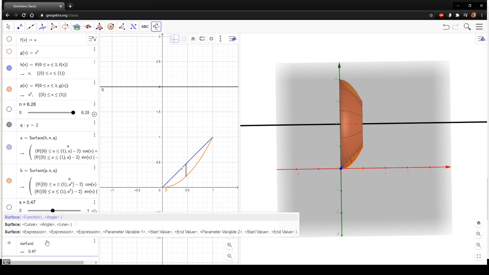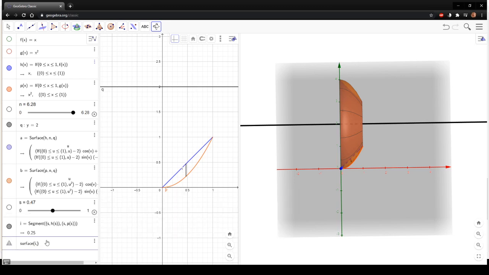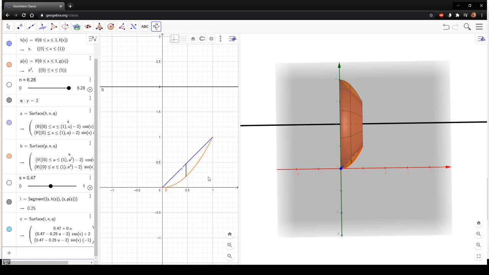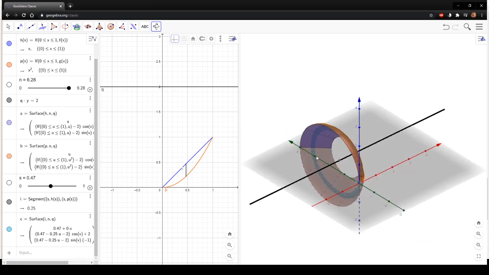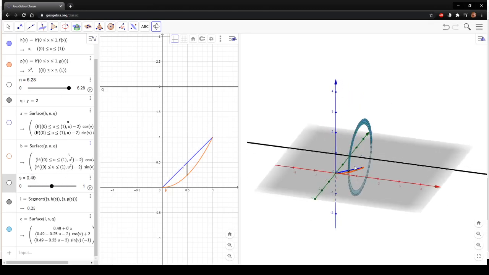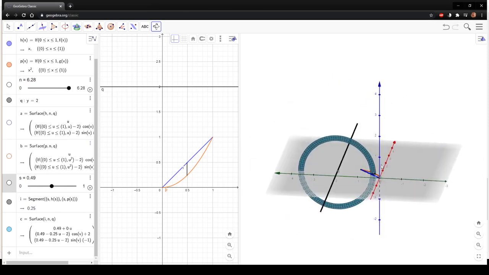And then if we rotate those slices around, we get annuli. So there you go. Those are the representative approximating volumes that we get.